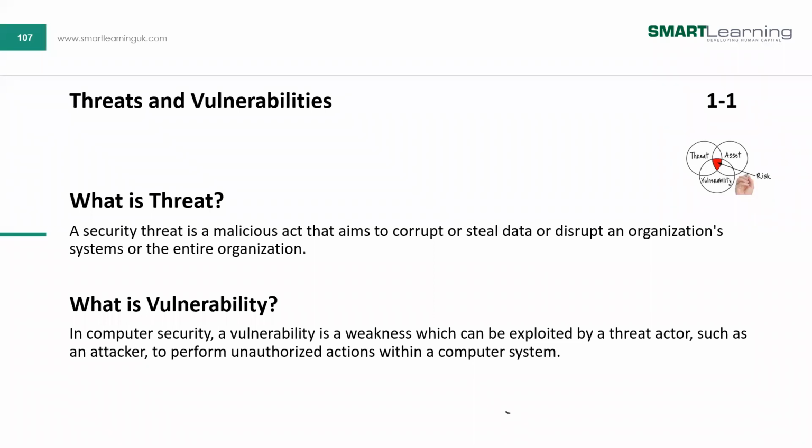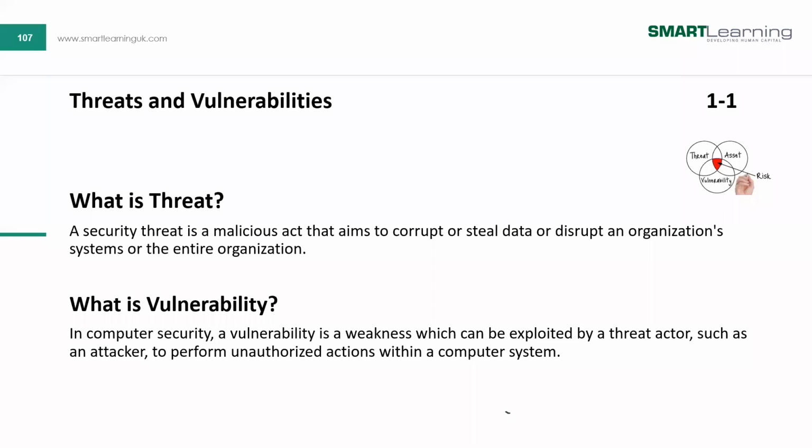So that is a threat. An actor or an action that potentially can cause harm is a threat. A vulnerability, by proper definition, is a weakness that can be exploited by that threat actor or action.